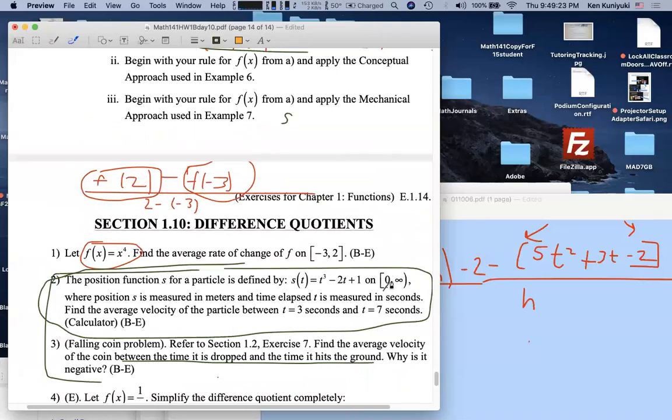But it's S of 7 minus S of 3 all over 7 minus 3. And then your average velocity is in meters per second. Okay, that's how you would work out 1.10 number 2.